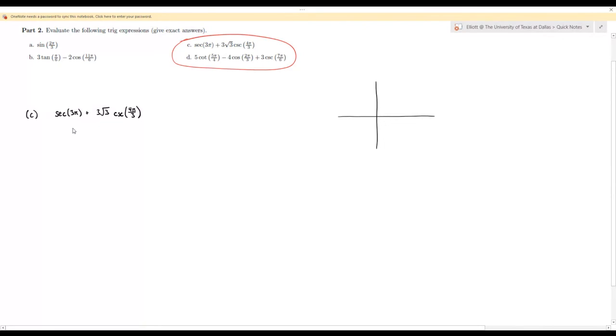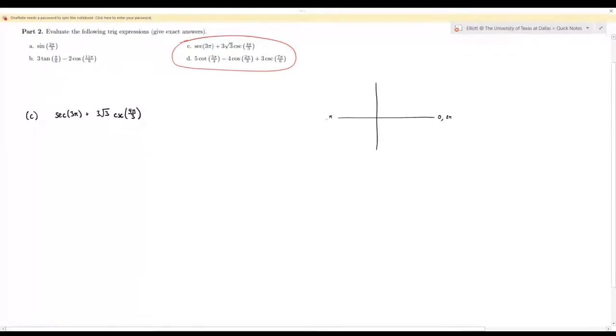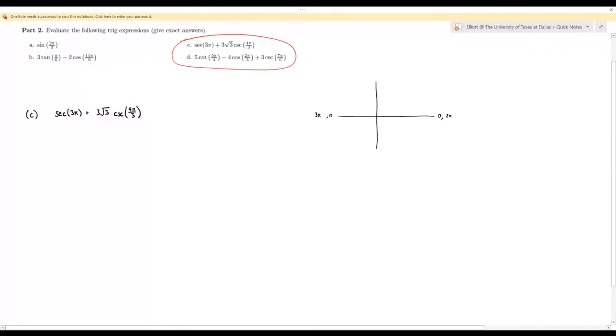First, thinking about where the angle 3 pi would be located. Remember, if we start at 0, pi would be here along the negative x-axis. And then if you go around again, you would reach 1 full revolution with an angle of 2 pi. And then if you go around another 180 degrees or pi radians, you see that 3 pi corresponds to the same direction as pi, okay?